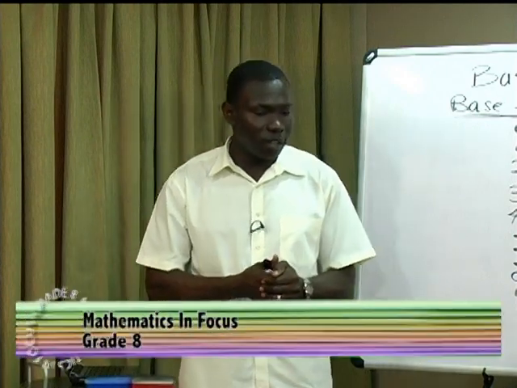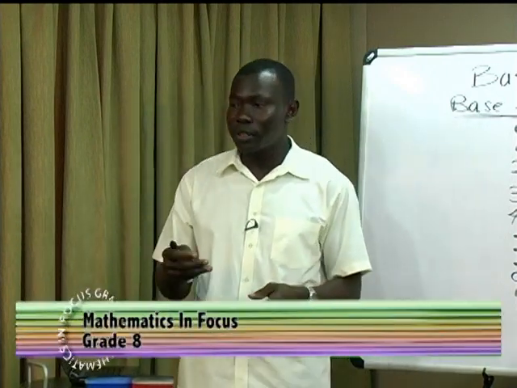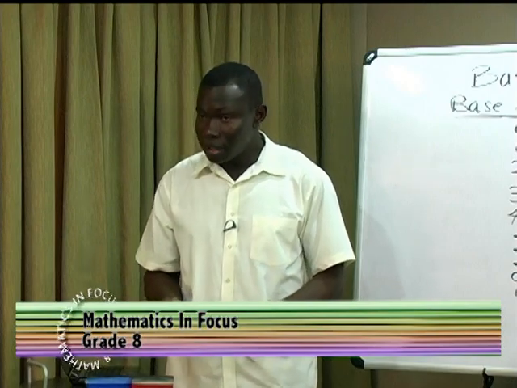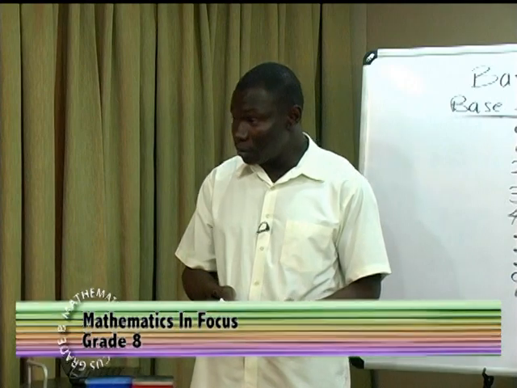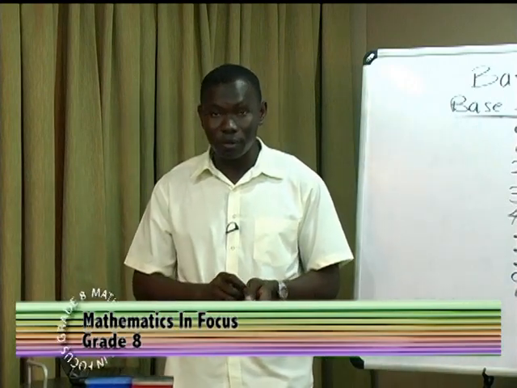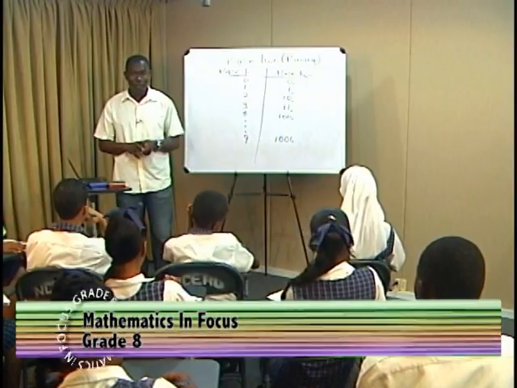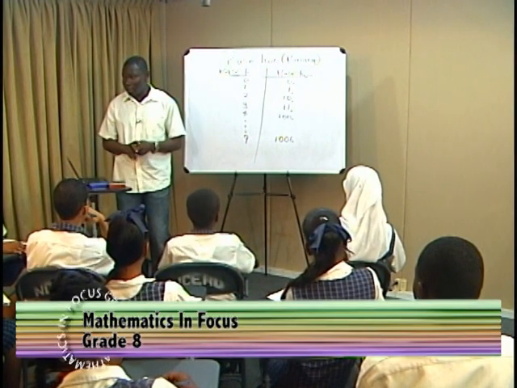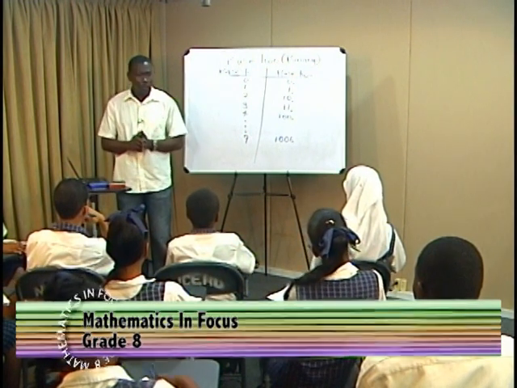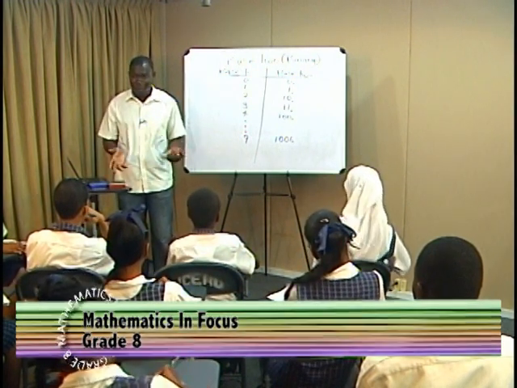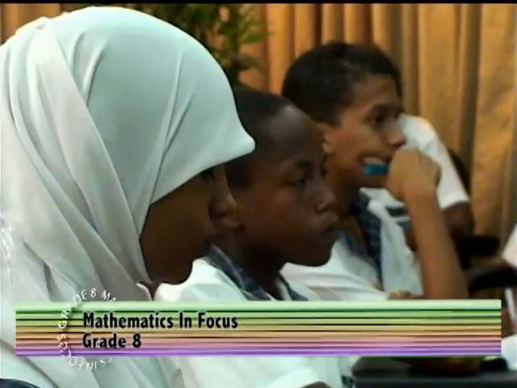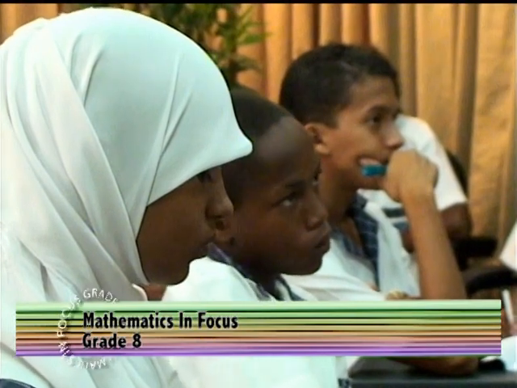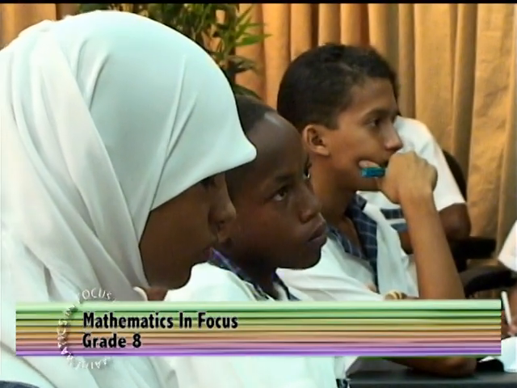So we can speak about the place value for base 10, but then we will also want to look at the place value for base 2, because if we're going to use numbers in base 2, we need to know what the place values are for numbers in base 2. Are you curious about that? What are the place values for numbers in base 2? Yeah, because if we're going to use any base, we must know how to write the place value.